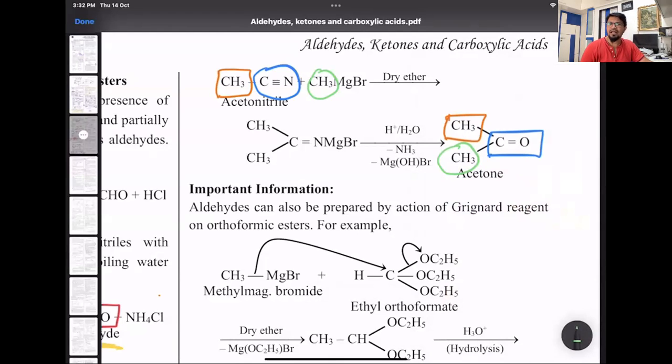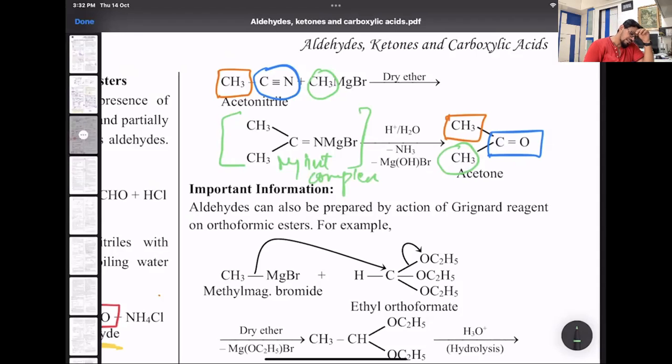We get the respective acetone. The intermediate formed, what you see here, is your magnesium intermediate complex. So remember, in Grignard's reagent none of the carbon atoms are lost. C triple bond N becomes C double bond O. As there was a methyl group that got attached and the other methyl came from Grignard, we got the ketone.